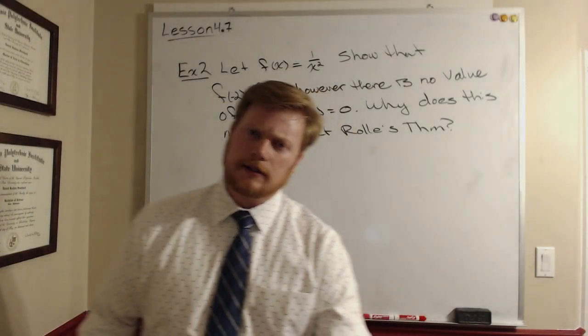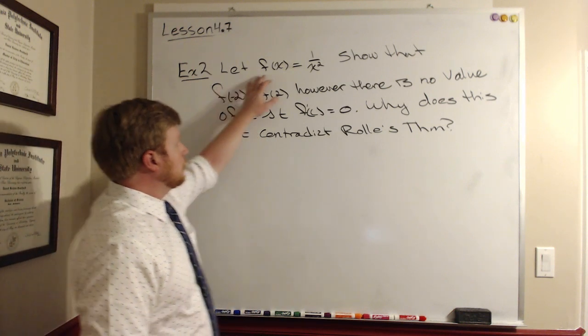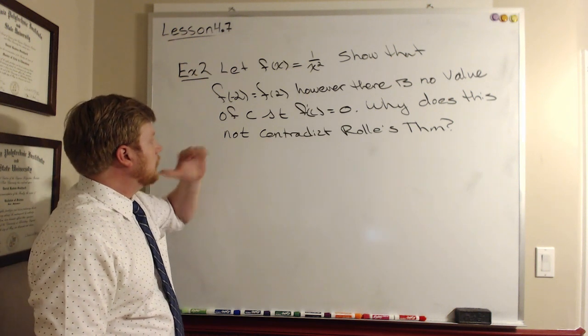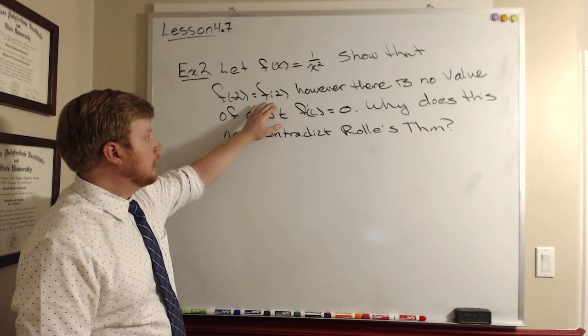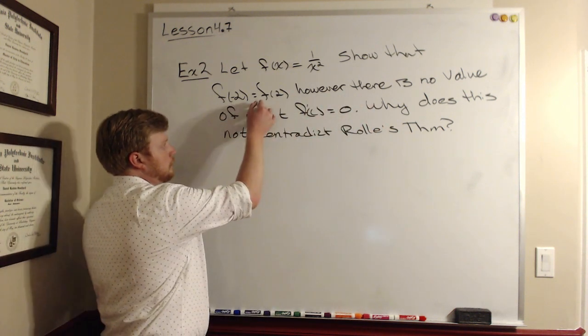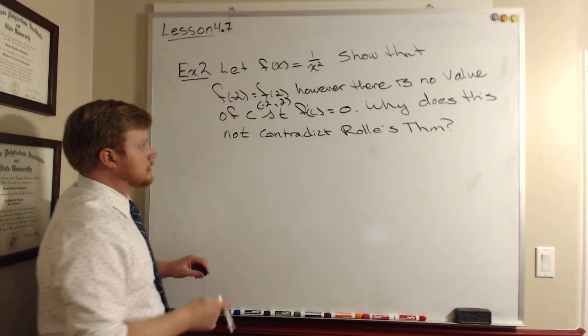All right, so for the next example, a little critical thinking here. Let f of x equal 1 over x squared. Show that f of negative 2 is equal to f of 2. However, there's no value of c on the interval negative 2 to 2 such that f prime of c is equal to 0.